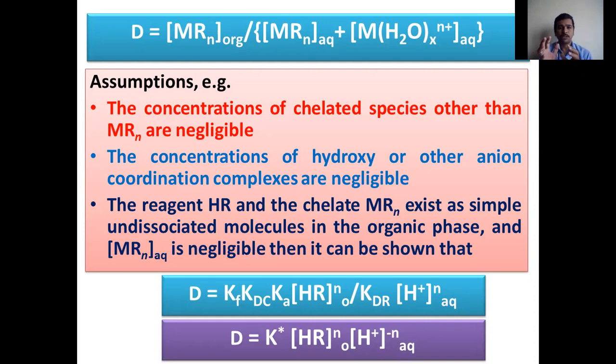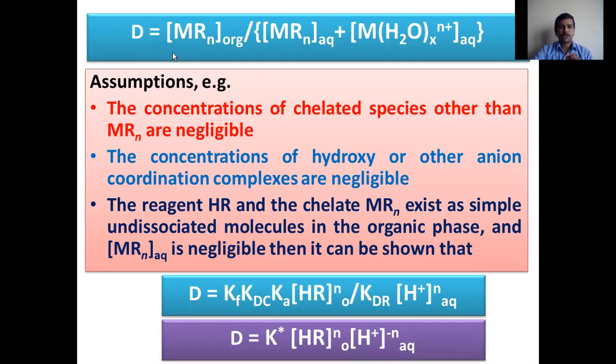So we have to consider the total concentration of the metal present in the aqueous layer. In contrast, in the organic layer, MRn will be the only species present because MRn is more soluble in the organic solvent. Therefore, it will be very selectively transported into the organic layer.